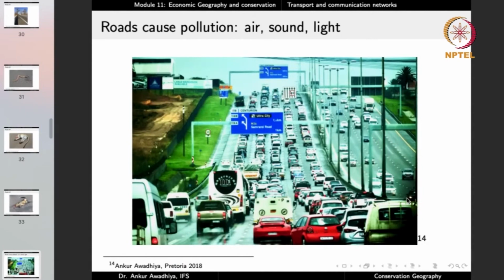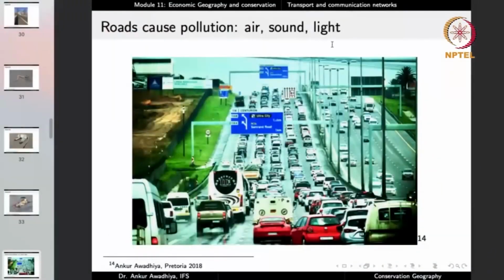Then roads also cause pollution. Air pollution because of the exhaust and because of the dust that is spewed into the air because of the vehicular movement. They cause sound pollution, not only when the drivers use their horns to honk, but also because the vehicles, when they are running, create a sound by themselves. The sound of the engines, the sound of the air conditioners.